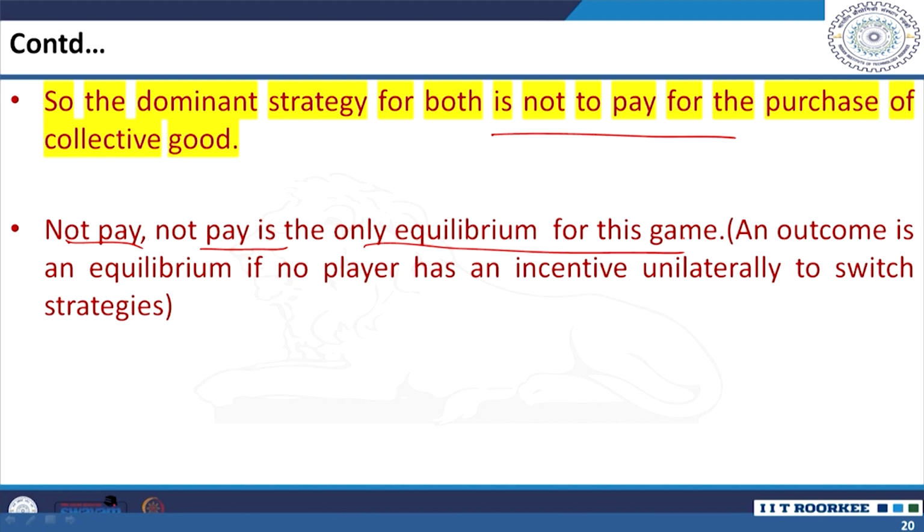And you can say how this equilibrium is defined. You can say this outcome is in equilibrium if no player has an incentive to unilaterally switch strategies. That means, no player is thinking that I should go for paying. If that were the case, then this equilibrium condition would not have occurred.